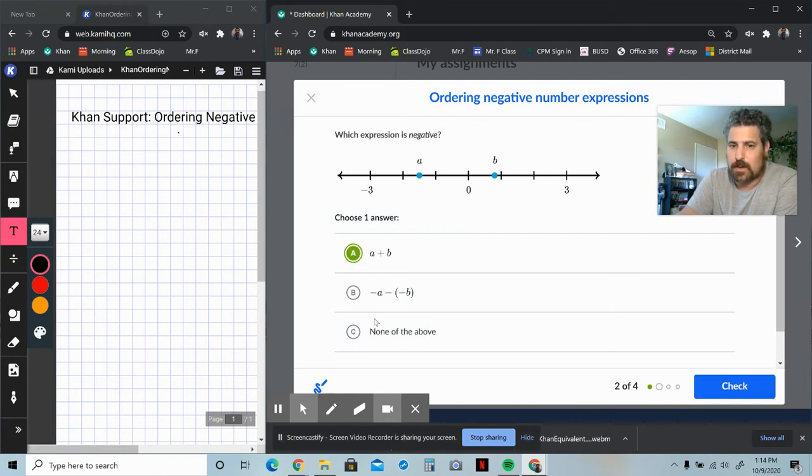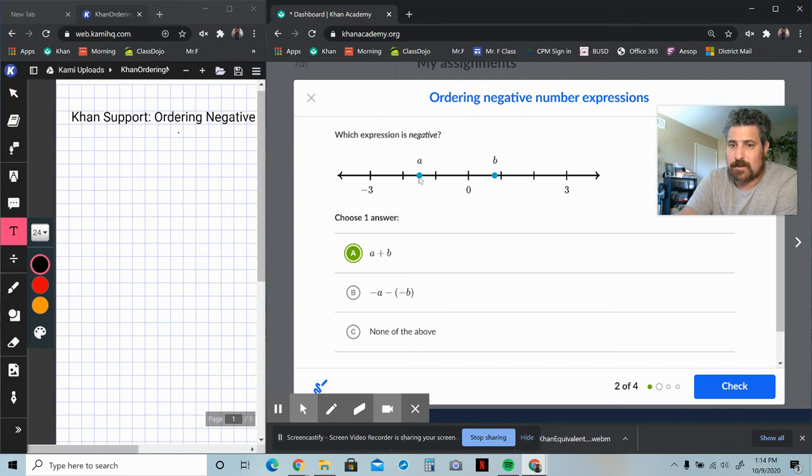So that works. This one is negative A minus negative B. Now, when you take away negative B, that's the same as plus positive B. So this effectively is saying negative A plus positive B. Fair enough. B is positive. So when you're adding a positive B, it's just like plus a positive. The opposite of A would be a positive as well.